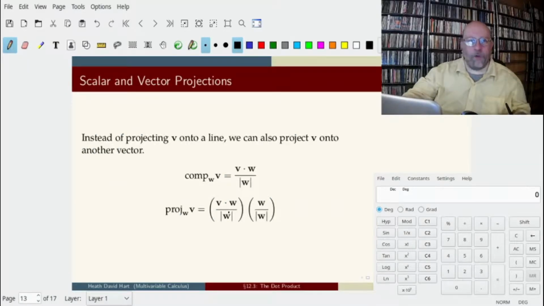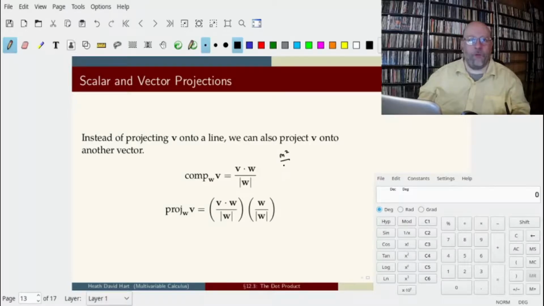We have formulas for both of these. The scalar projection is simpler to compute. It's the dot product over a single length. If we figure out what's going on with the units there, the dot product we've seen is in units of length squared, for example, meters squared.